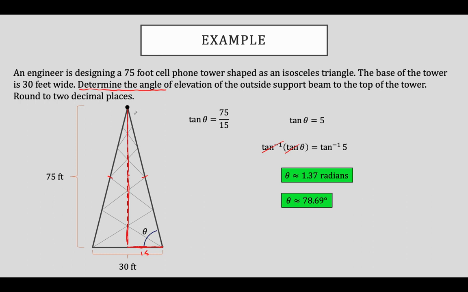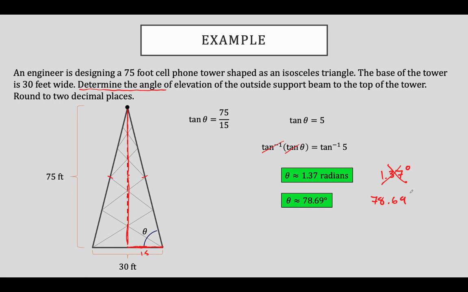Again, most commonly, if we're working with triangles, your answers are going to be in degrees. Make sure that you are being very specific, though, and you have the correct measure. If you told me 1.37 degrees was your answer, you would be wrong. If you told me 78.69 is your answer, you would also be wrong.